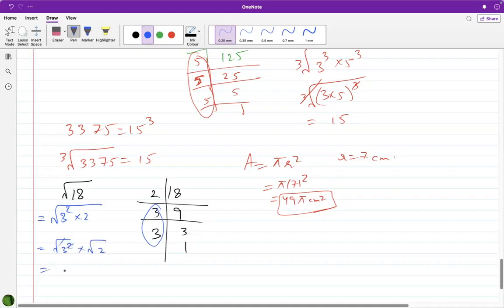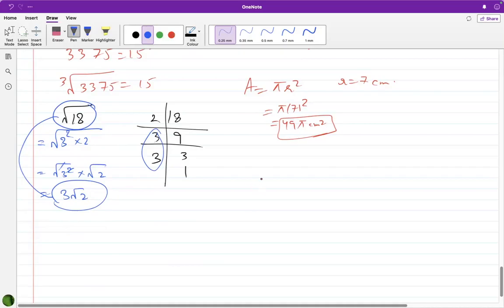We get rid of this root. Basically, square root 18 could be written as 3 square root 2. Got the idea? How can 3 squared root 2 be written as 3? It cancels out with the square root, yes.